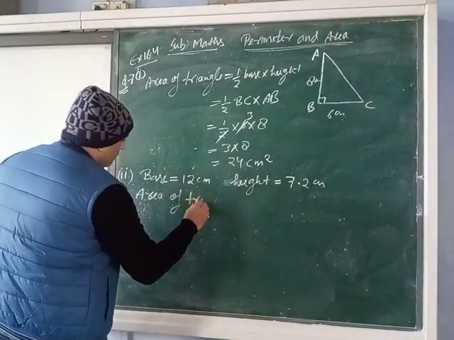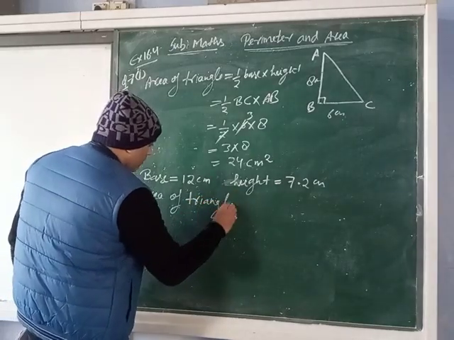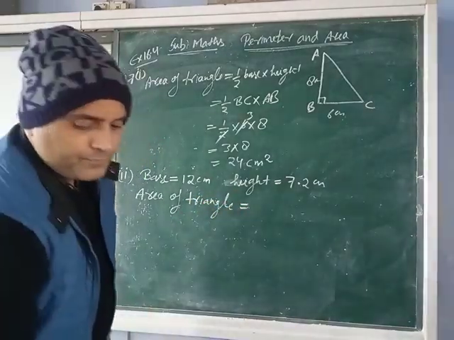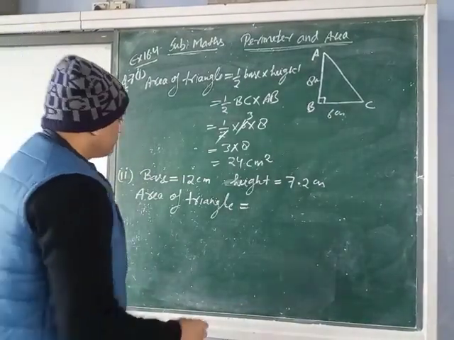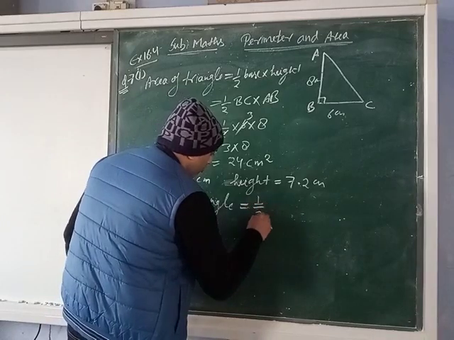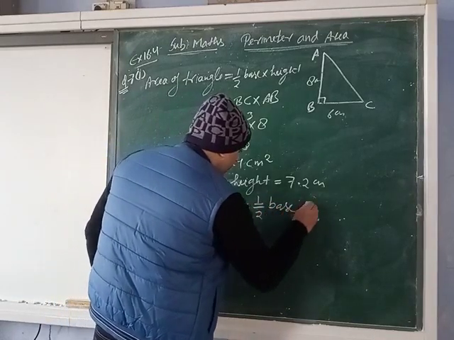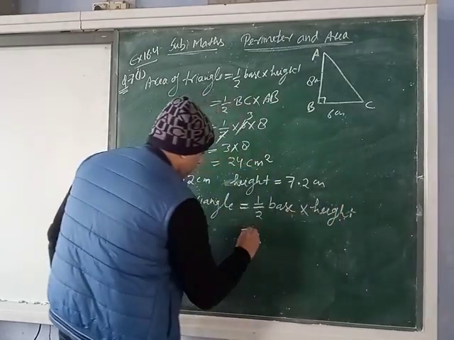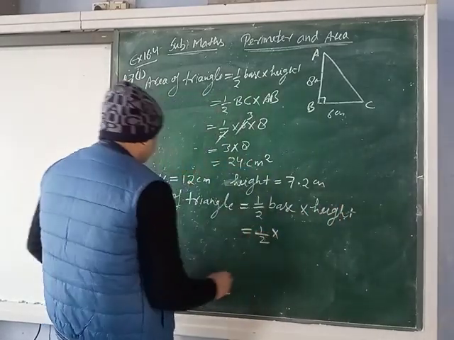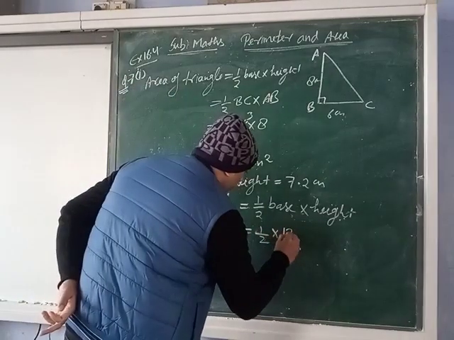We know that the area of triangle. What is area of triangle? That is 1 by 2 base multiplied height. So base is given, that is 12 centimeter.